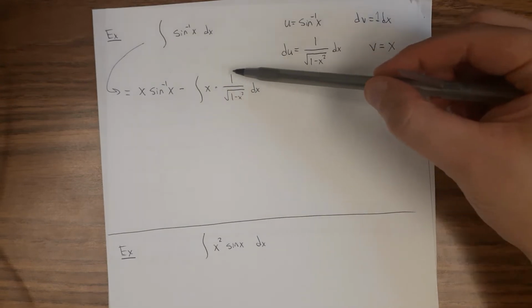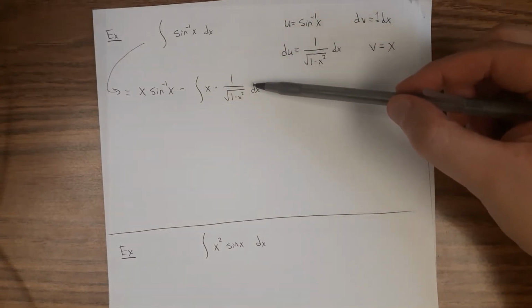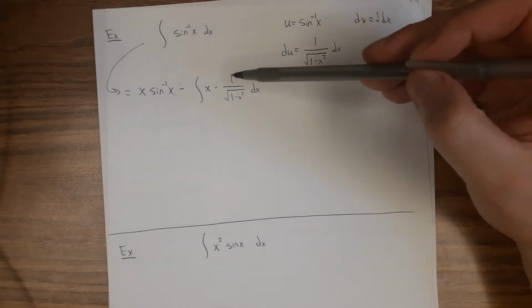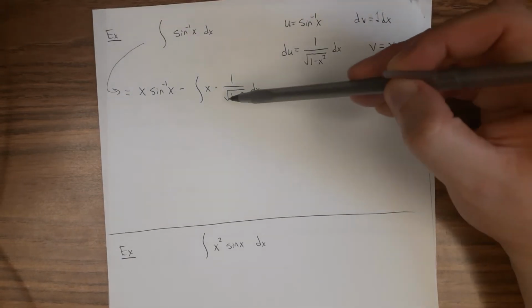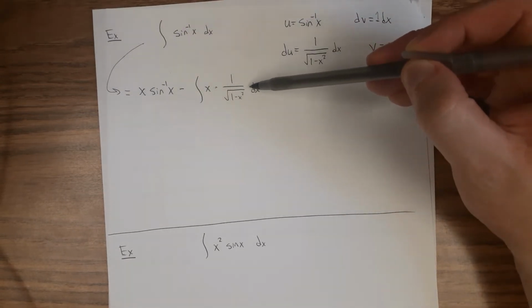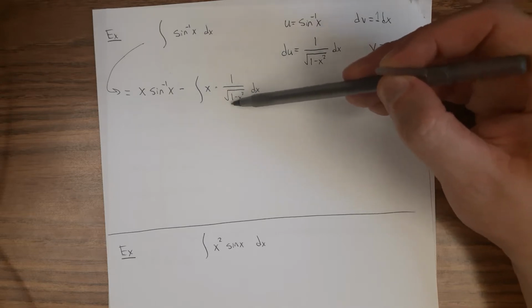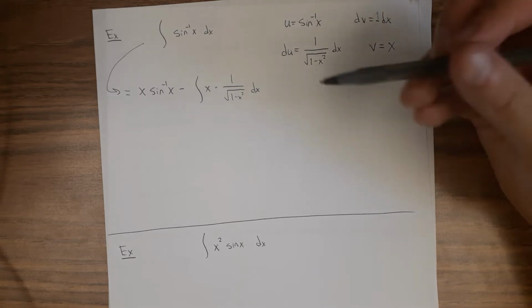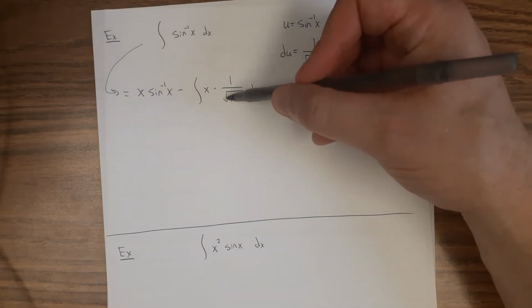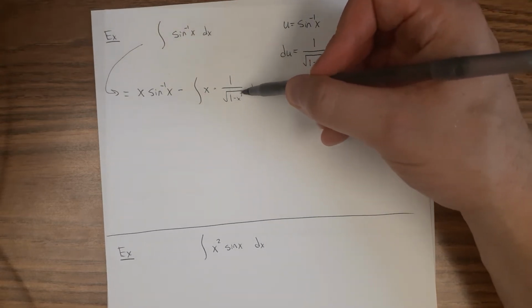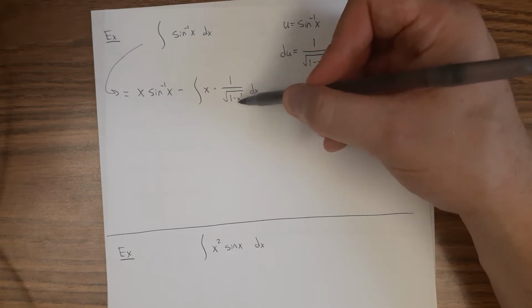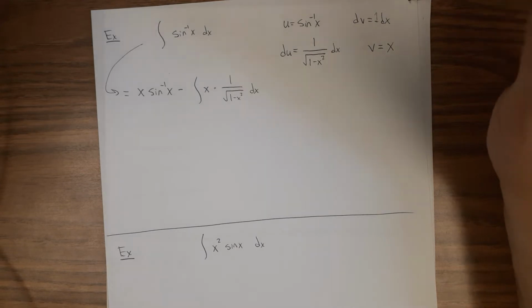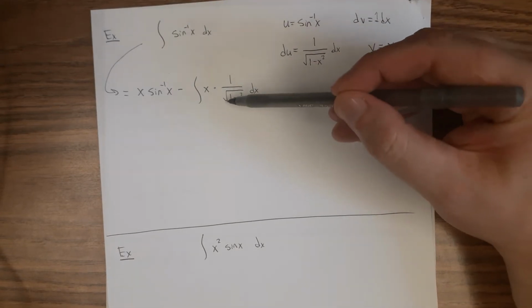To do this one, I'm tempted to use a substitution because I see a composite function. I see this denominator of a fraction with a square root and then something inside of it. That kind of jumps out at me to say that it might be a good idea to do a substitution where u is 1 minus x squared. And let me stop myself right there because I said u.